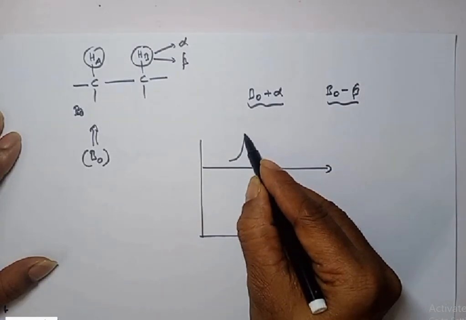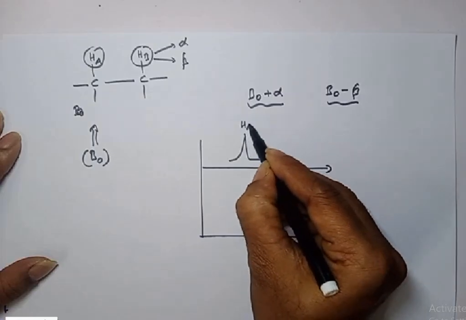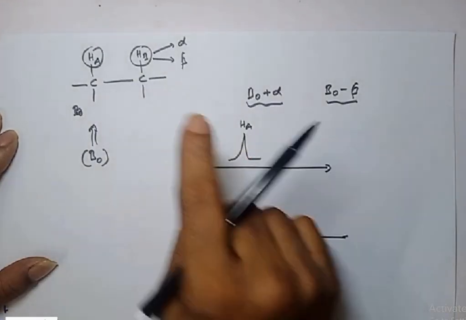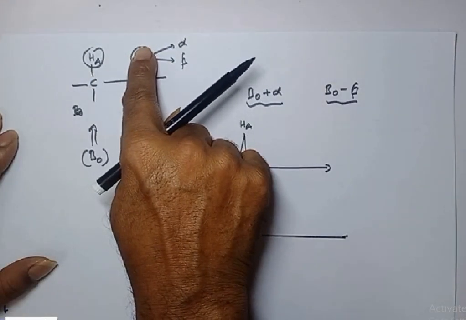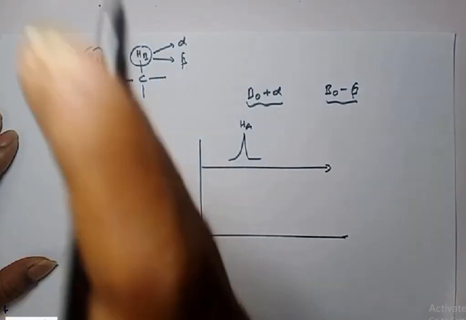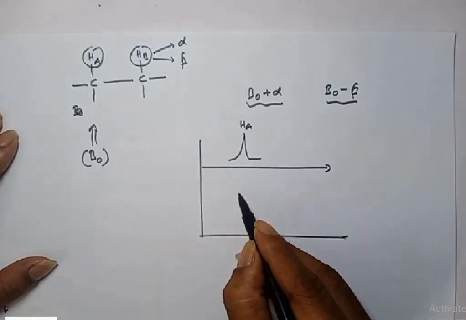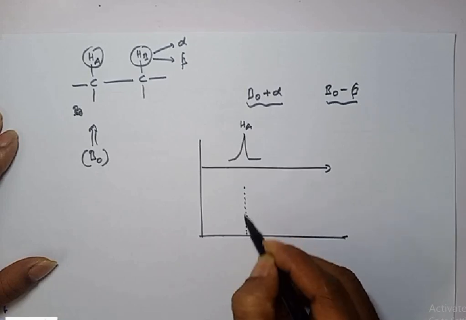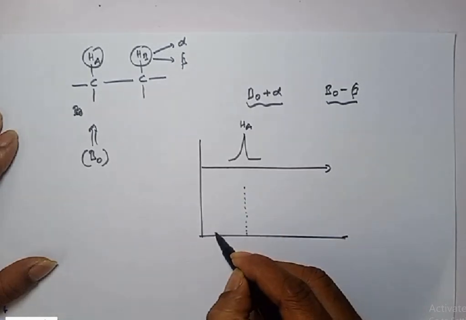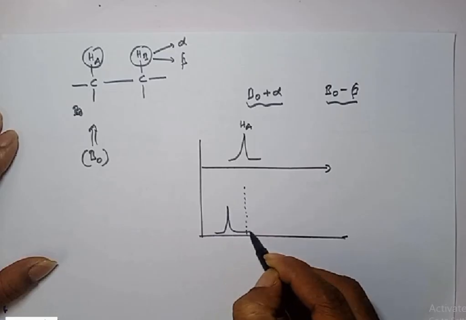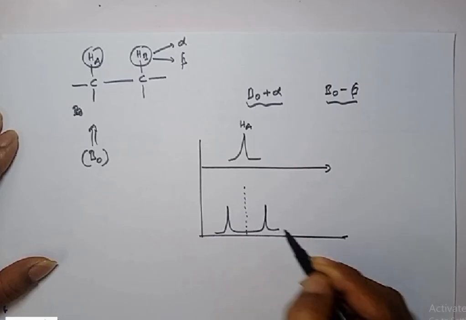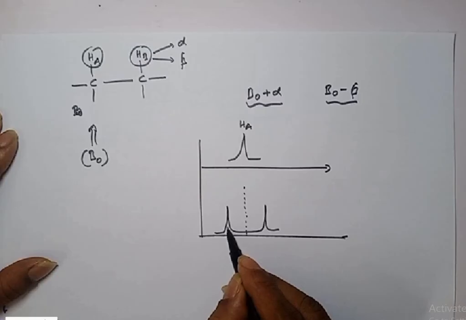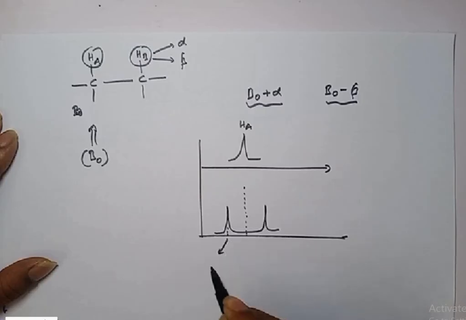Suppose we get a signal for HA in the absence of this HB proton. In the presence of this HB proton, originally we should get a peak here, but now this peak is split into two. And this peak appears at B0 minus beta.